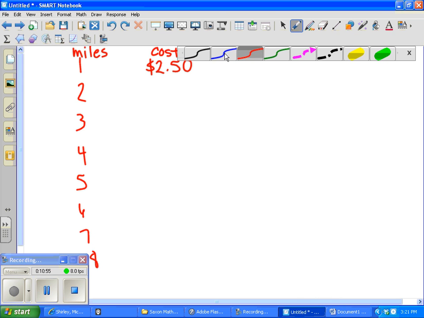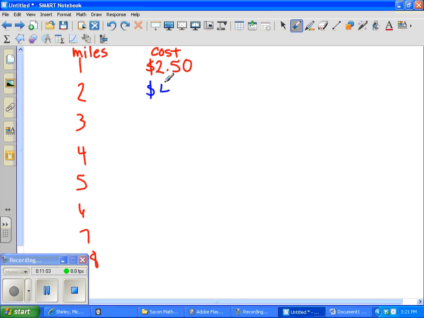Okay, I'm gonna change colors here. So for the second mile, it's add on $1.50. That would be what? $4, right? Third mile, we add on another $1.50. For the fourth, after 4 miles, what do we owe? Add another $1.50.